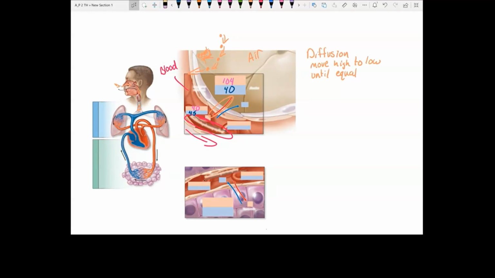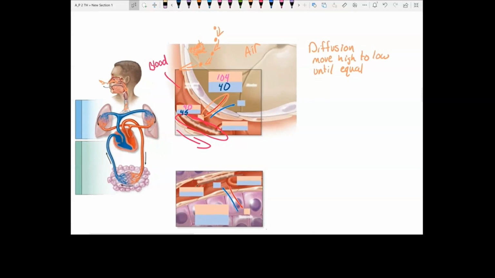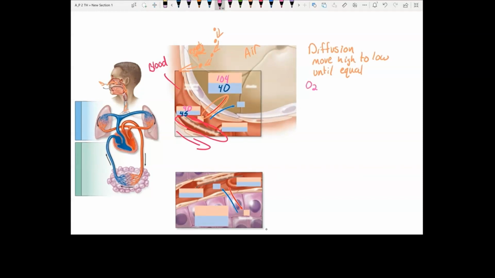You would be down to 103 now. But instead, each one keeps moving up to take the place of the one before it. So the 104 never actually drops. It just stays 104. So we're going to have oxygen move into the blood.